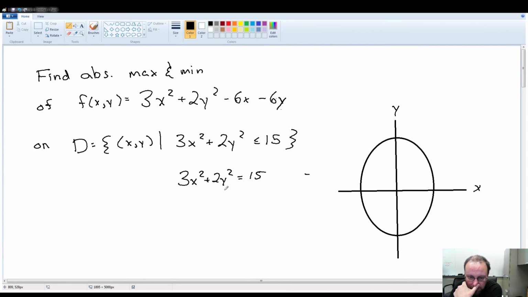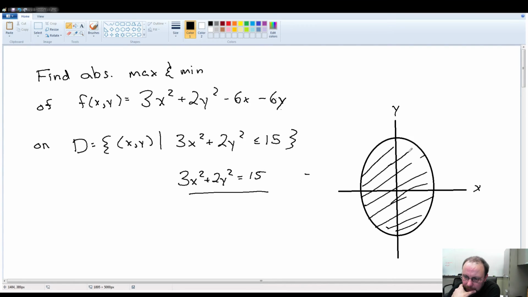Right, so the equality would just give us the boundary, that's just the ellipse. But since we have the inequality, our region is the ellipse plus everything interior to it. It's all that stuff. That's why I called it an elliptic disk. That's D, right?